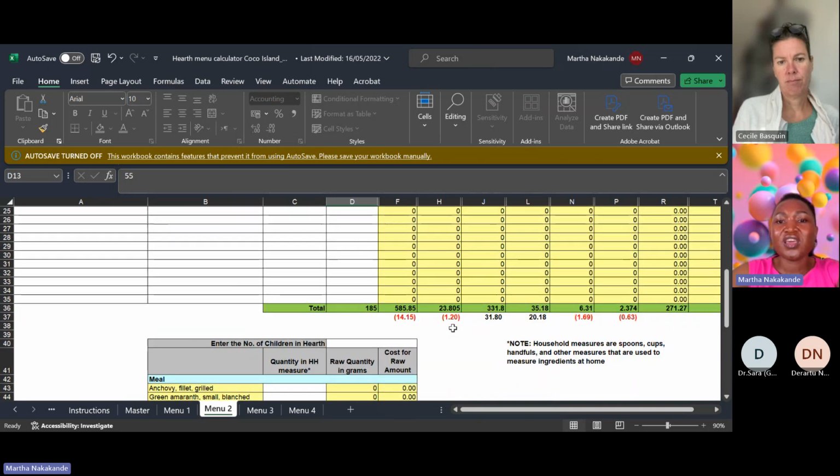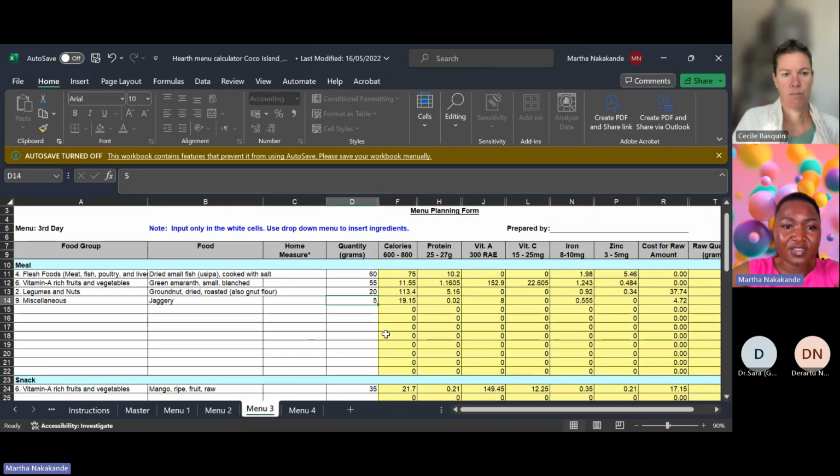And if you see, it would give you the lowest level, which is between 500 to 600. But at least for some items, it would give you the recommended even higher, because when it goes in black, it means you've received much higher. And then you create as many menus as you can. This is also another menu that you can create.